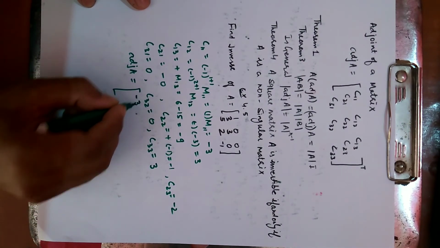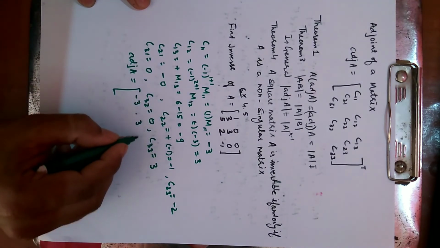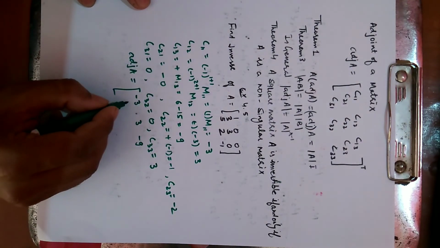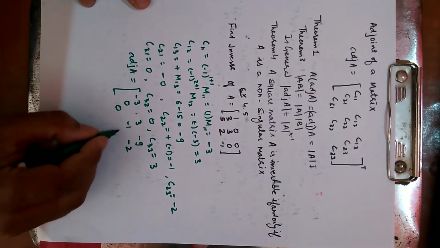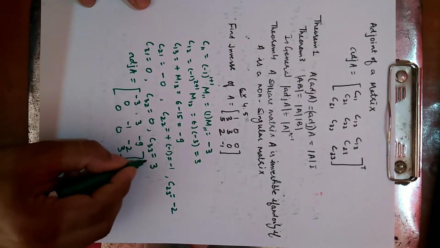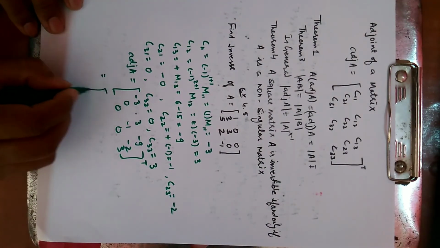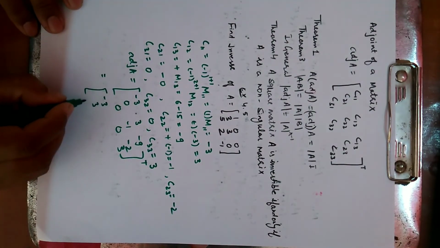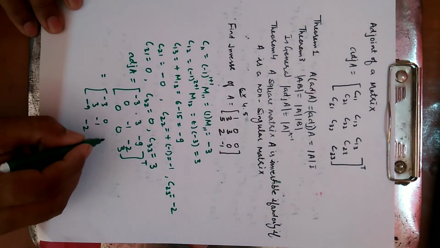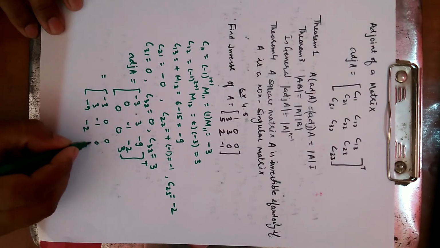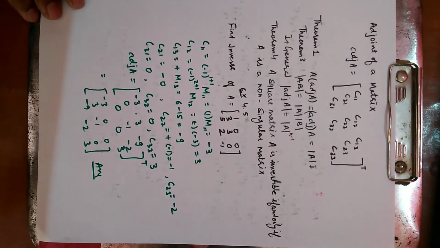This is minus 3, C12 is 3, then minus 9, and this is 0, this is minus 1, this is minus 2, this is 0, 0, and this is 3. So you take the transpose. The final answer will be minus 3, 3, minus 9, 0, minus 1, minus 2, 0, 0, 3. So this is your adjoint of A.